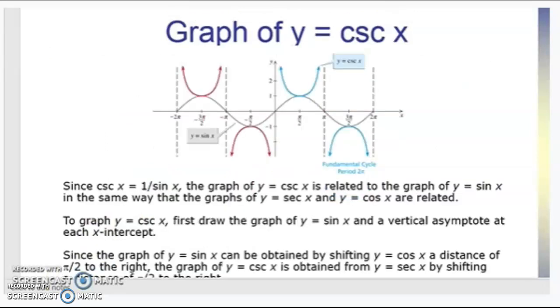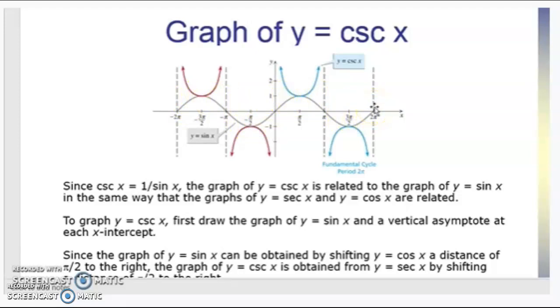Lastly, taking a look at the graph of y equals cosecant of x. The cosecant function is the reciprocal of the sine function. Therefore, to graph the cosecant function, we first graph the sine function and any asymptotes. The sine function has already been covered in this course, but you see a sketch of it here.